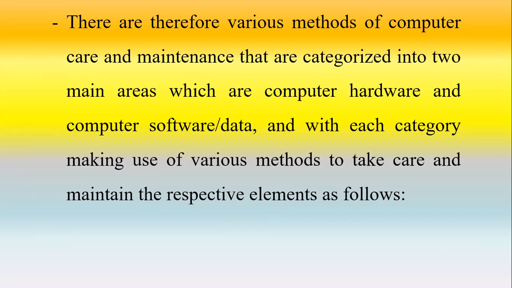The following are therefore some of the ways or methods that you can utilize in order to maintain and take care of your computer hardware as well as your computer software or data. We commence by looking at those methods that you can apply to maintain and take care of your computer hardware.